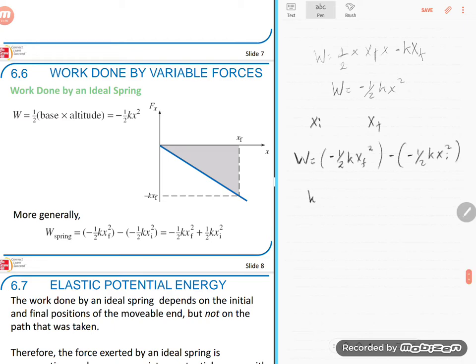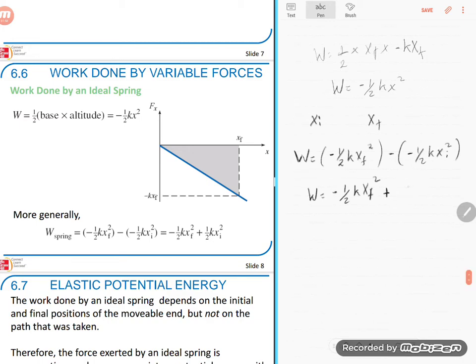Then the final formula will be minus half k, this is the spring constant, x_f square, this is the final extended length, minus, which the minus will be here, plus. Okay, so we will delete this one, this will be half kx_i square.